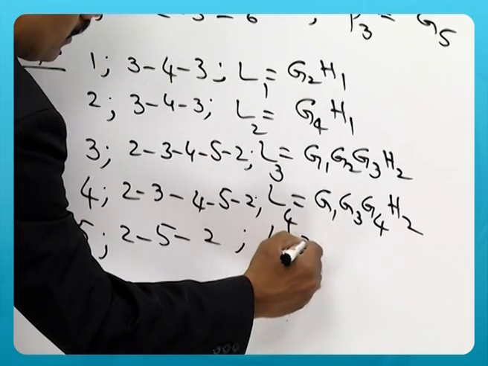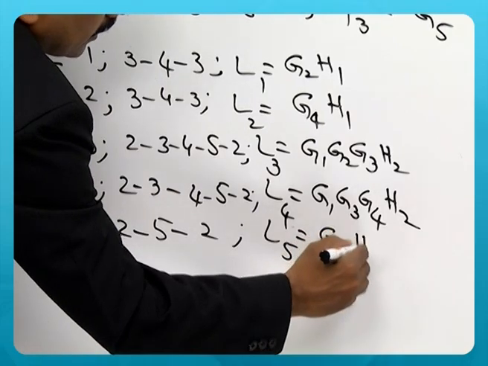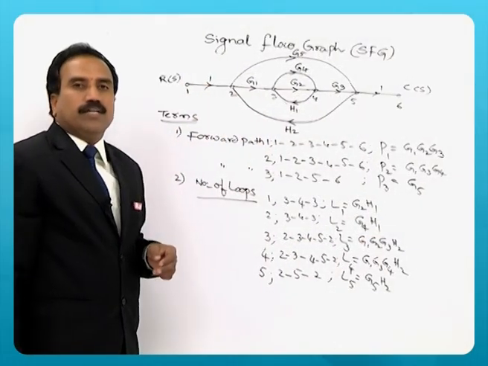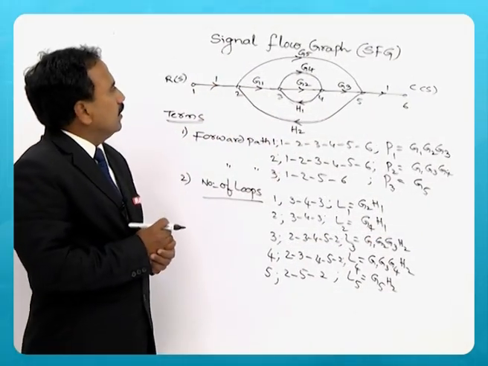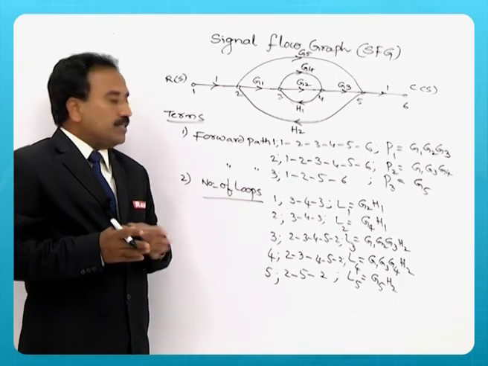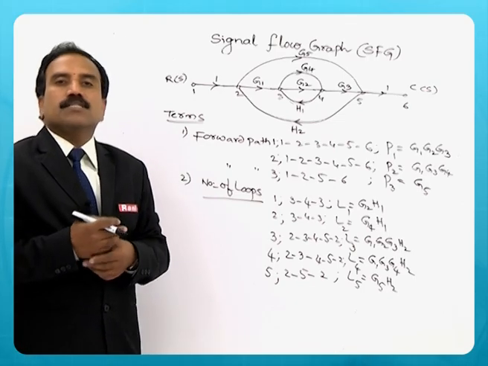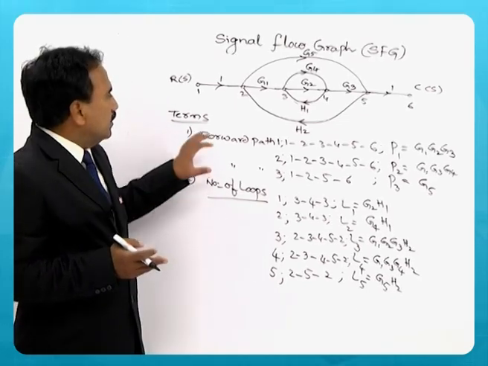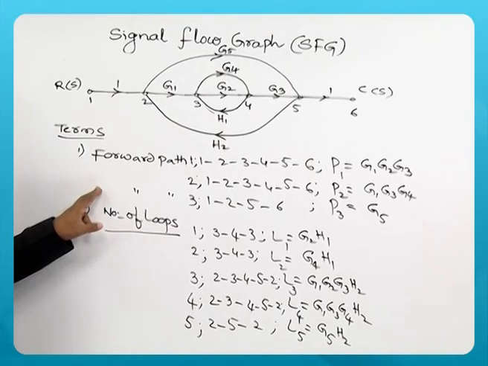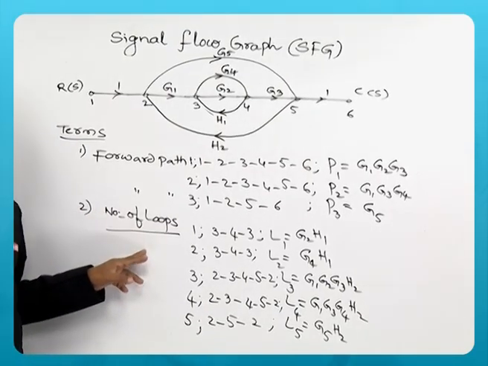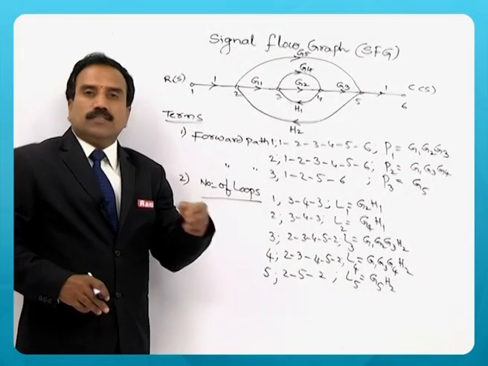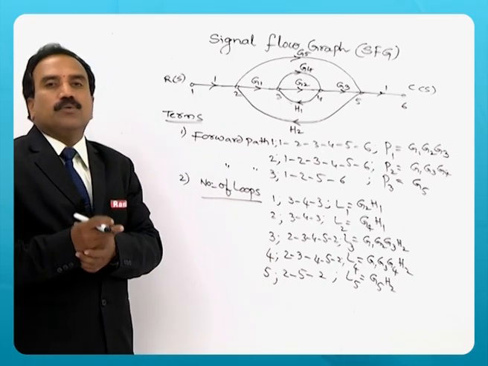It is represented by L5 and the gain is given by G5 times H2. So this many loops exist in this system. This is also required for Mason's gain formula. One is identifying the forward paths, and the second one is the number of loops and what is the gain respectively, you need to find out.